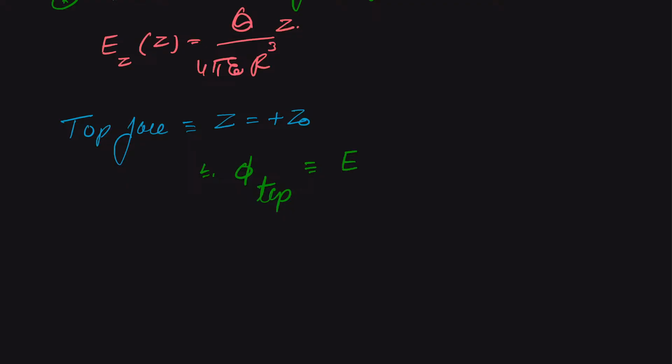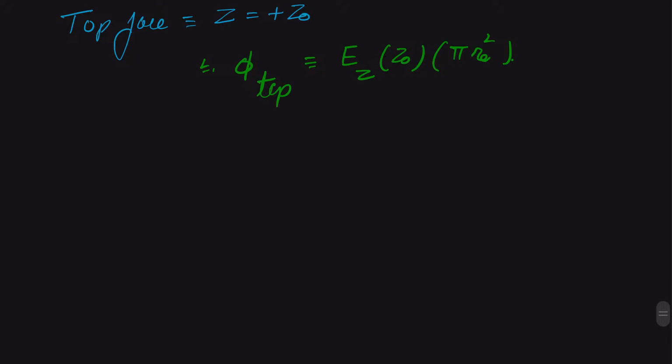Therefore we can say that the flux because of the top face, by Gauss law, is our electric field at the top surface, which is z naught, and its area pi r naught square, and we substitute it. So we get the flux because of the top surface will be equal to q upon 4 pi epsilon naught r cube, and this is z naught and pi r naught square.